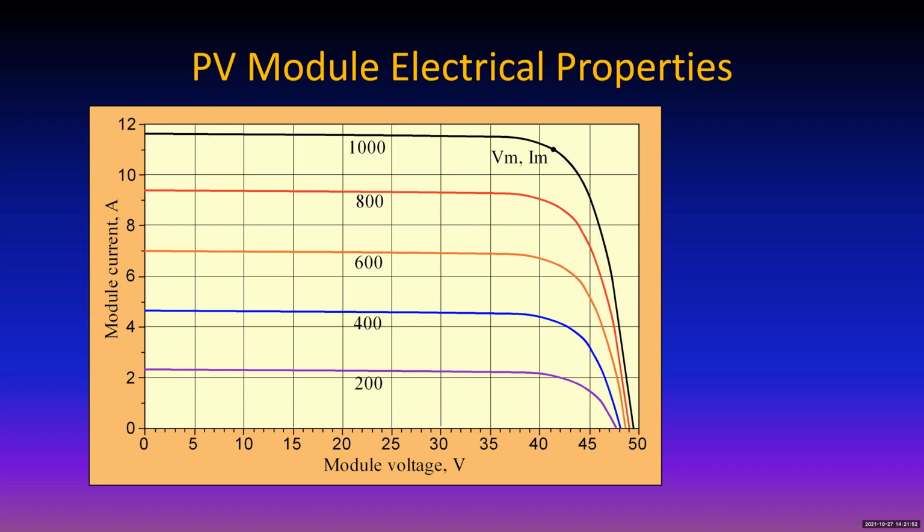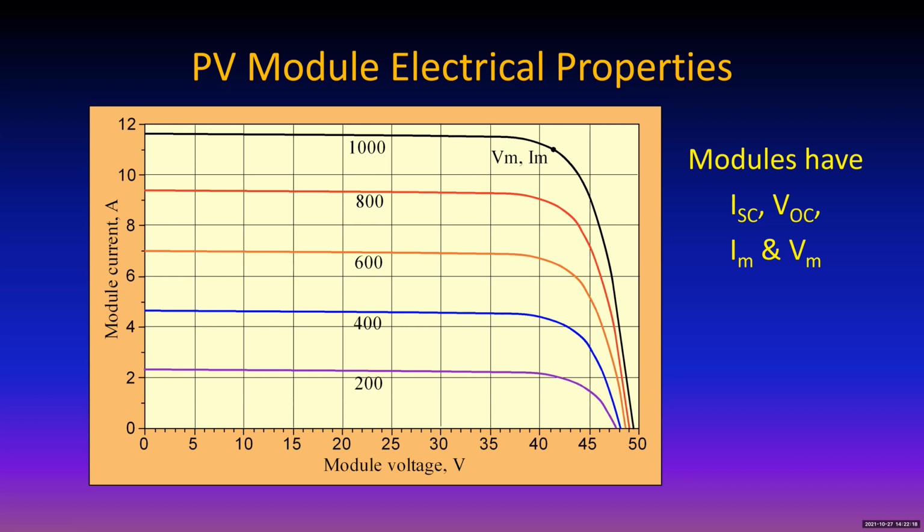If you measure the voltage across the terminals with them not connected to anything, you get what's called the open circuit voltage, and that's when the current is zero. For 1,000 watts per square meter, the open circuit voltage is about 49 volts. So there are four defining properties for modules that are important.